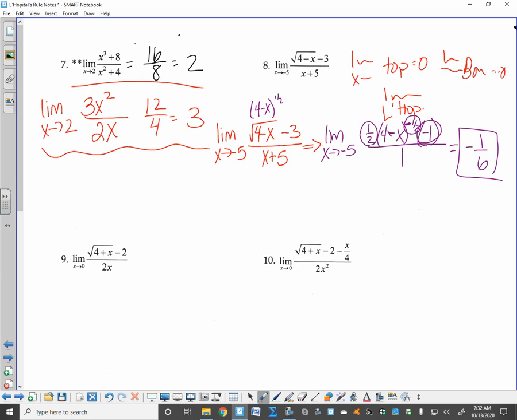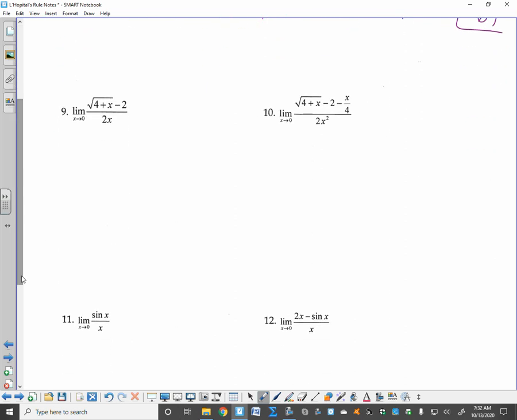So same thing, number 9. Tell you what, you guys try 9 and 10. Pause it, try 9 and 10, and then hit play. Okay. If I plug in a 0, 4, 2 minus 2 is 0, and 0 on the bottom. Okay, so I hereby declare the limit of the top is 0 and the limit of the bottom is 0. That is indeterminate form. So by L'Hopital's rule, the original limit becomes, so here's where I'm picking up, the limit as x approaches 0.